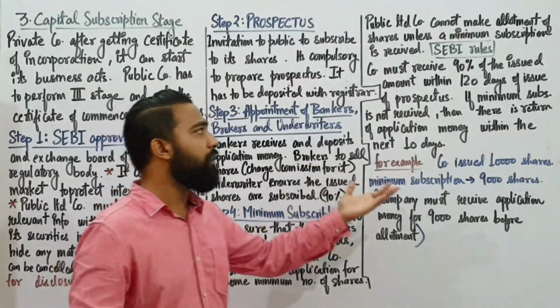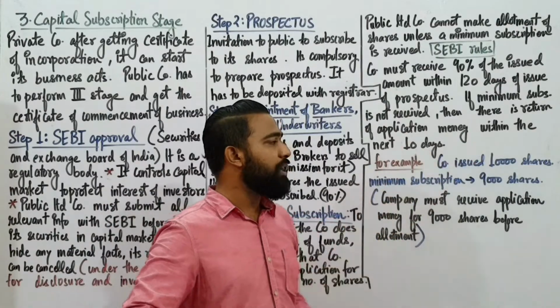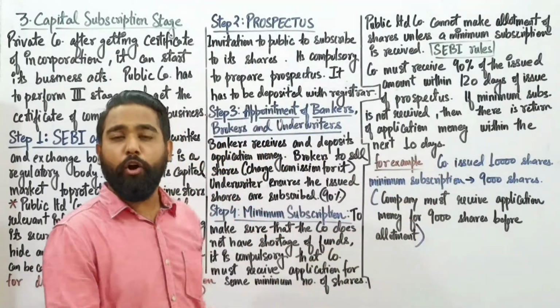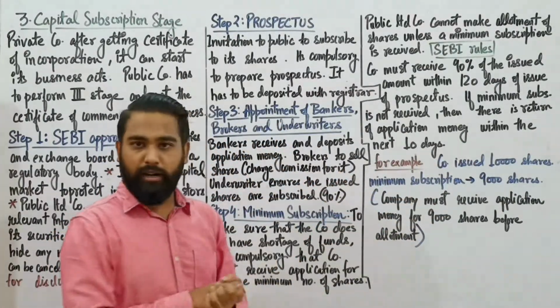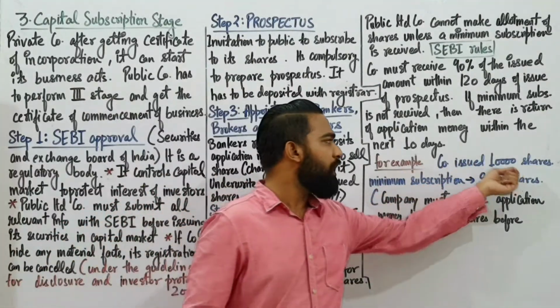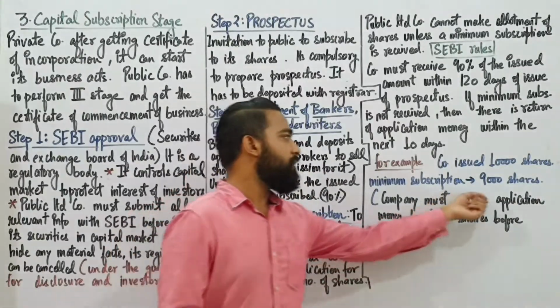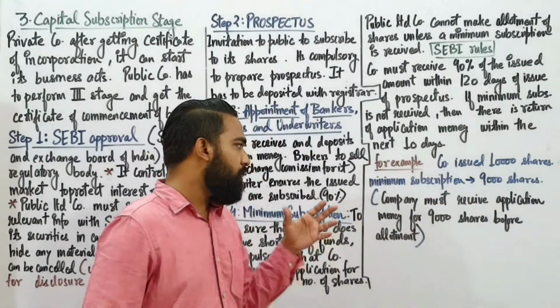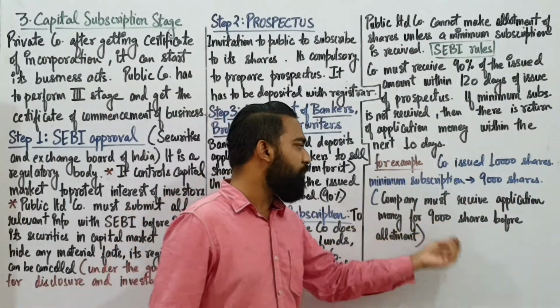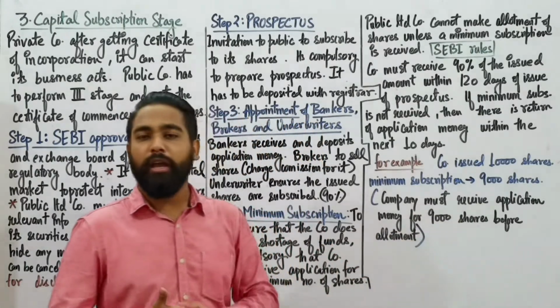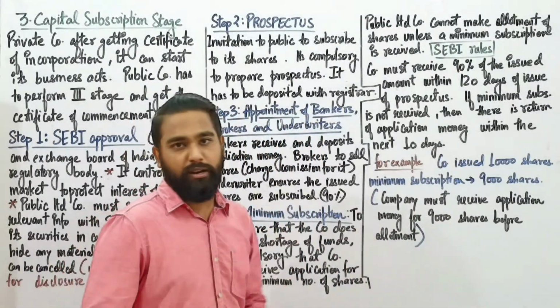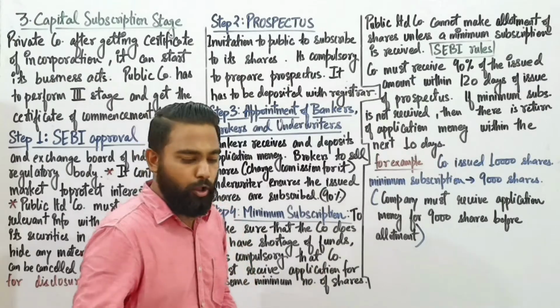I have to return all my money within 10 days. For example, a company issued 10,000 shares and the minimum subscription for that is 9,000 shares. So the company must receive application money for 9,000 shares before the allotment. Otherwise, within 10 days, they have to return all the money.